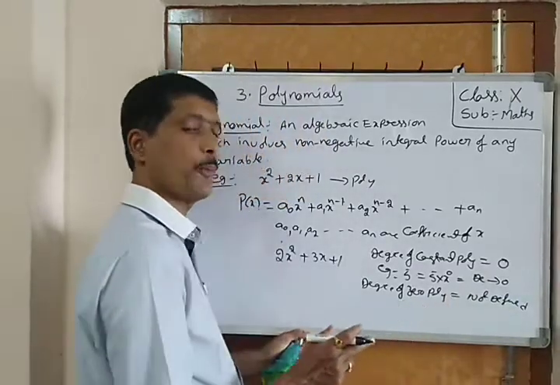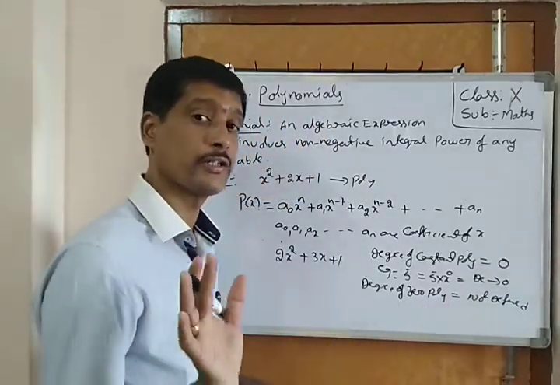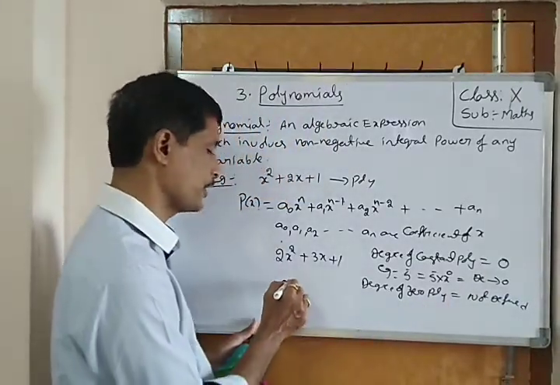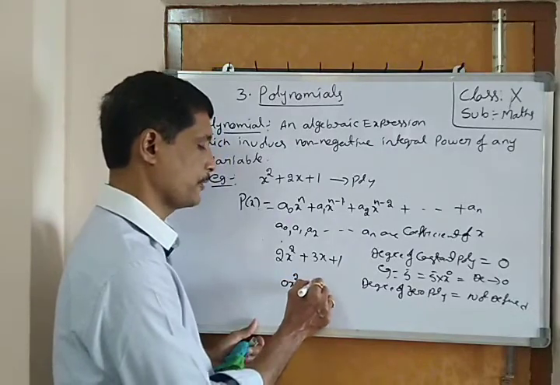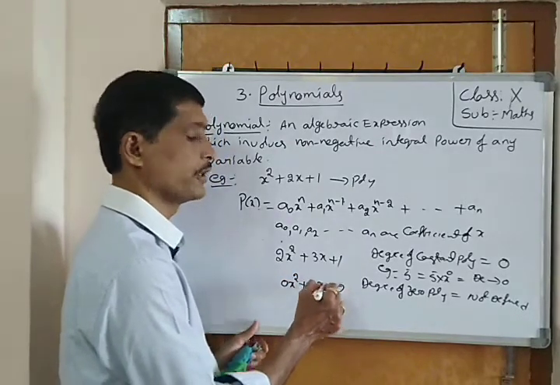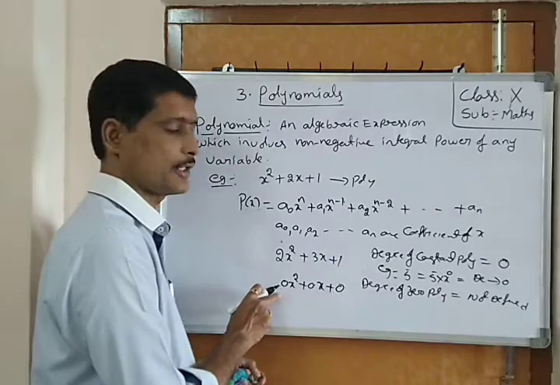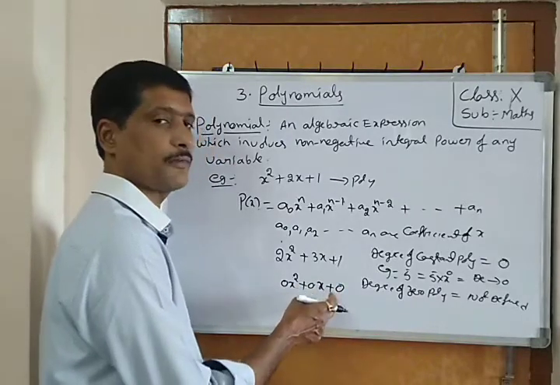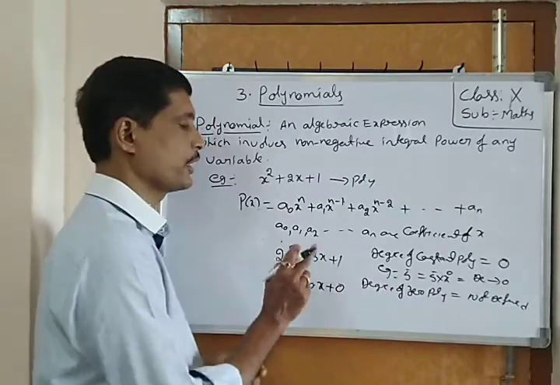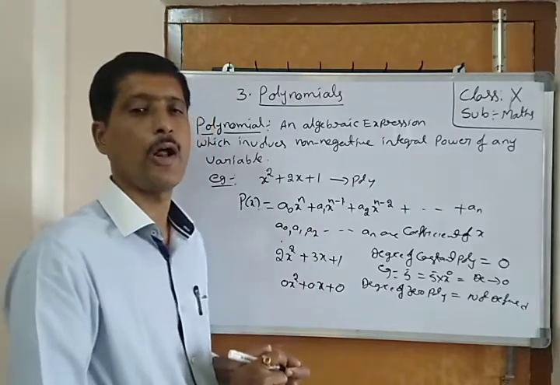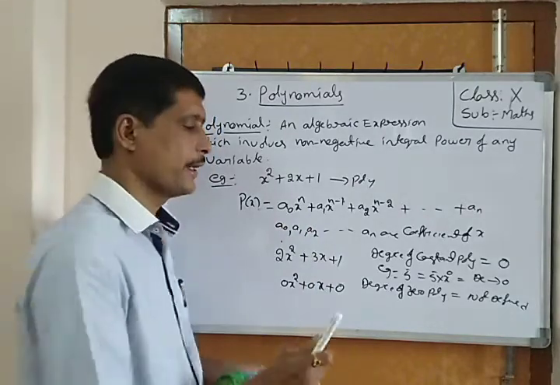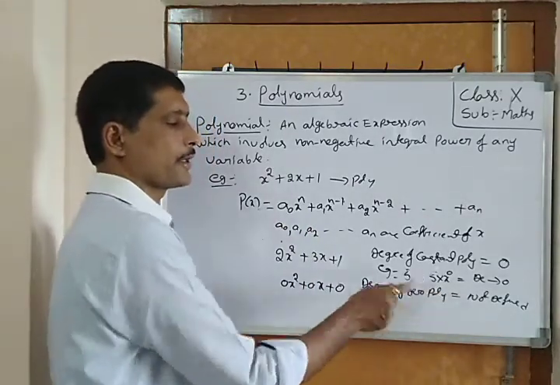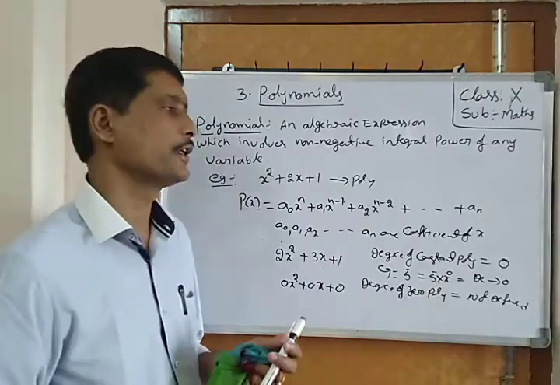The zero polynomial means all the coefficients are 0: 0 into x square plus 0 into x plus 0. The coefficient of x square is 0, of x also 0, and of the constant also 0. That is the zero polynomial. The degree of the zero polynomial is not defined, and the degree of a constant polynomial is 0.